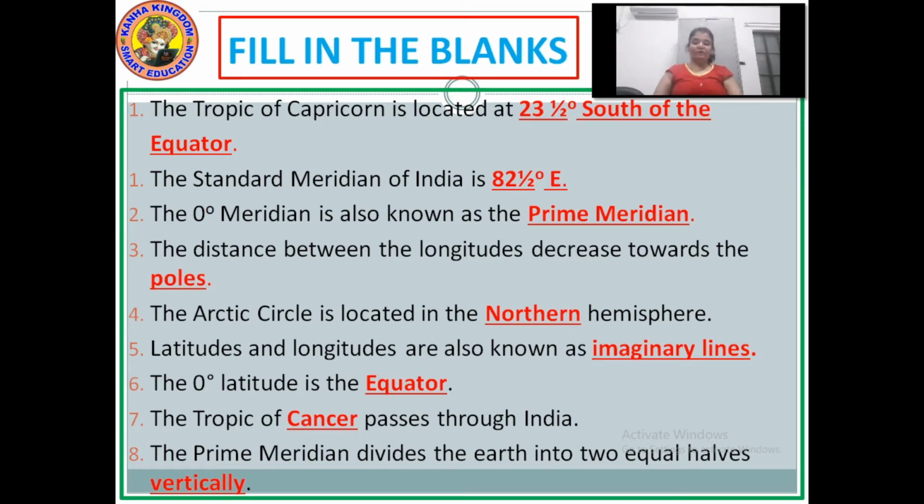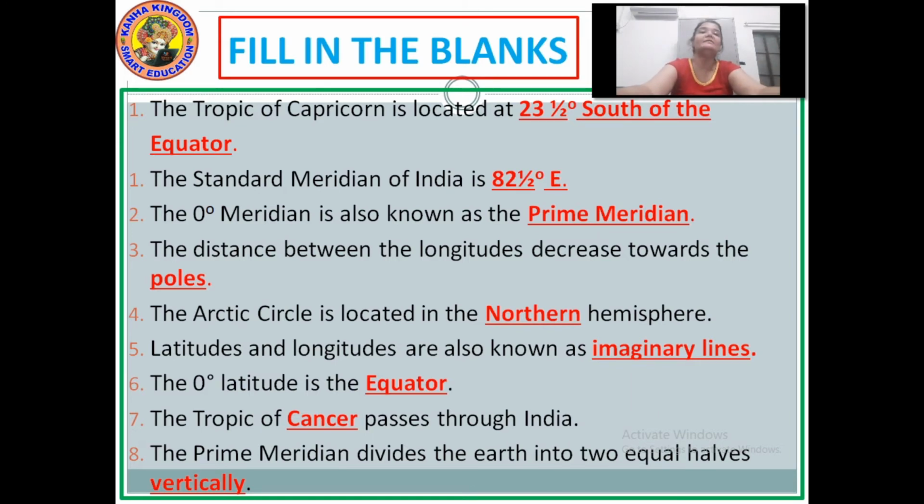The Tropic of Cancer passes through India. Okay. Moving to number 9. The prime meridian divides the earth into 2 equal halves vertically.